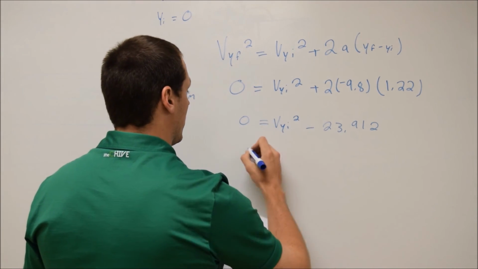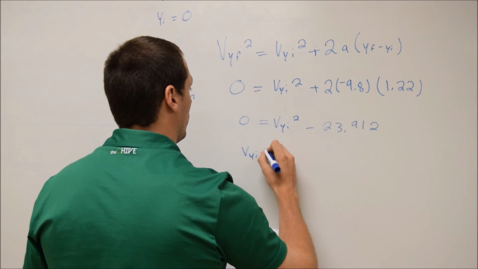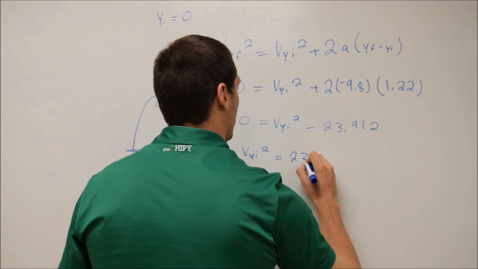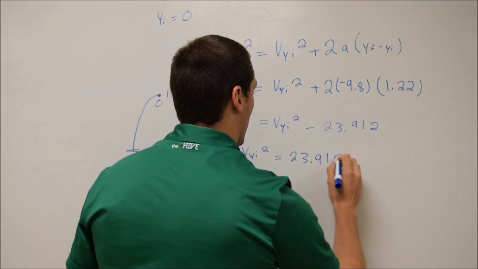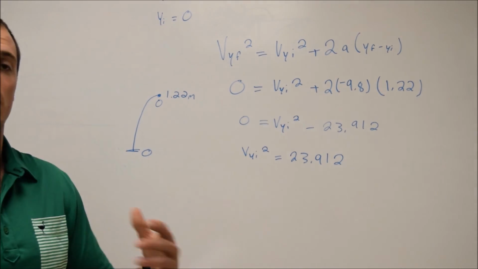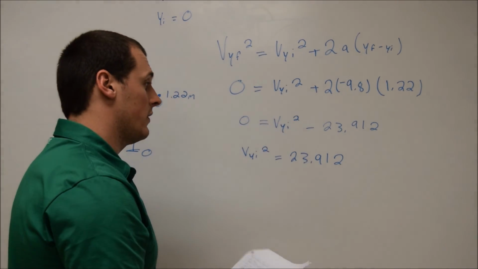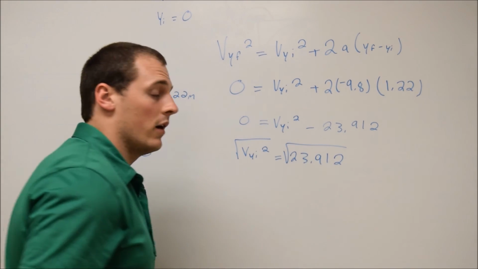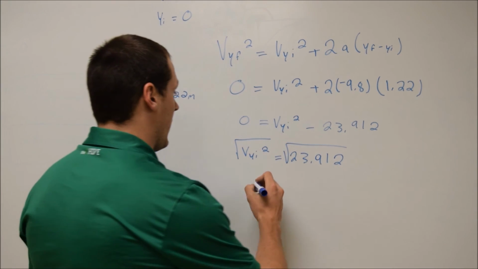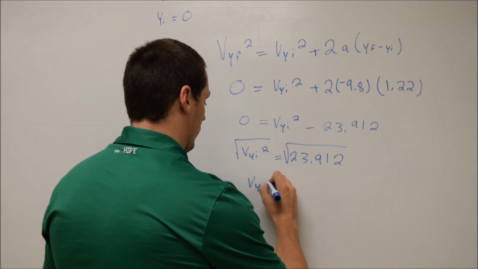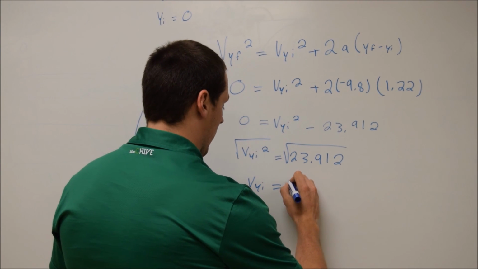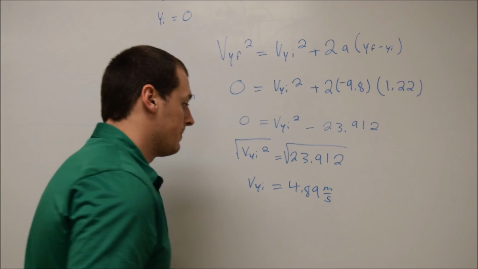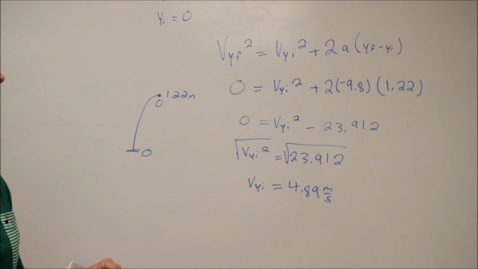So we get Vy initial squared is equal to 23.912. The reason this is positive now is just because of the algebra to switch the sides here. Next we take the square root of each side, and we end up with the Vy initial is equal to 4.89 meters per second. That'll be the final answer for number 9.